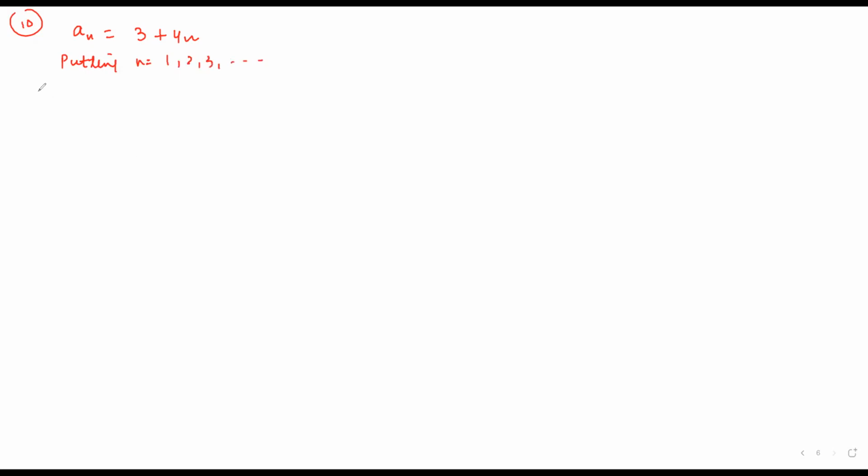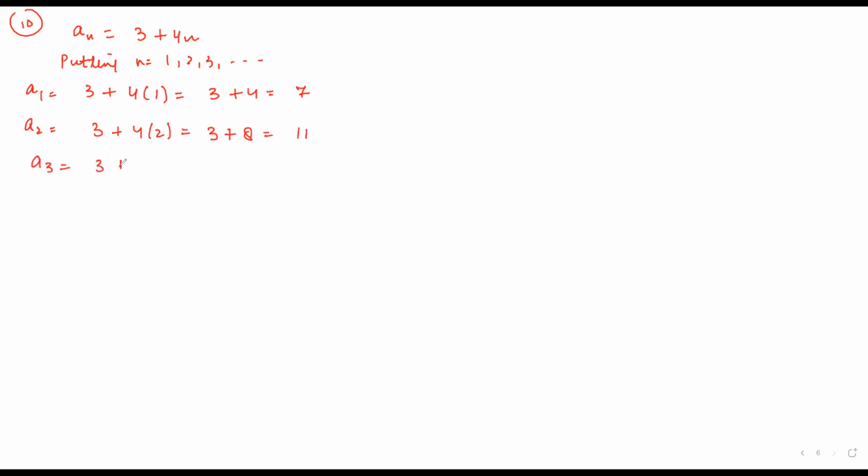Start putting it. So I get a1 as 3 plus 4 into 1, that is 3 plus 4, that is 7. Similarly, find a2, that is 3 plus 4 into 2, 3 plus 8, that is how much? 11. Then you find a3.